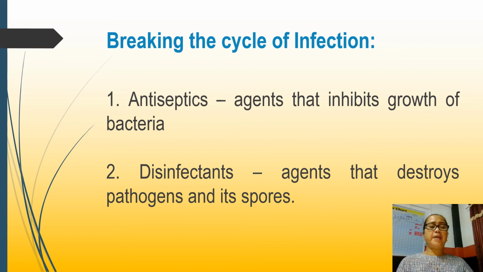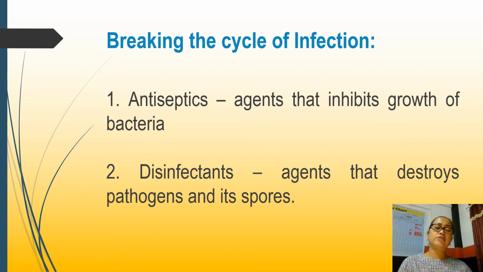So how are you going to break the cycle of infection? One is using antiseptic solutions. These are agents that inhibit the growth of the microorganism. And then we also have disinfectant solutions, agents that destroy pathogens and their spores. So, antiseptic solutions are such as alcohol, di ba?